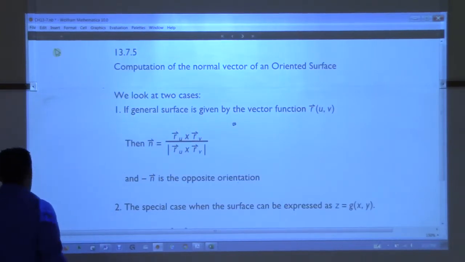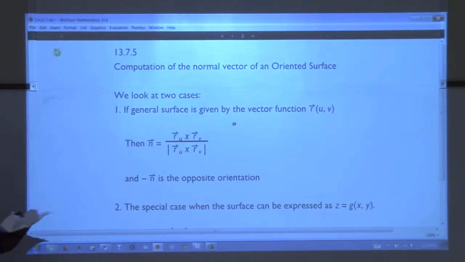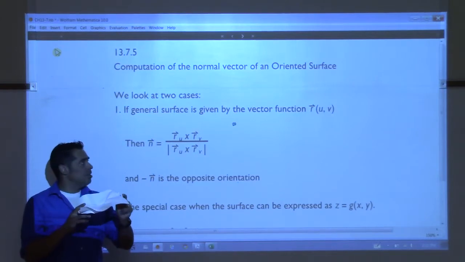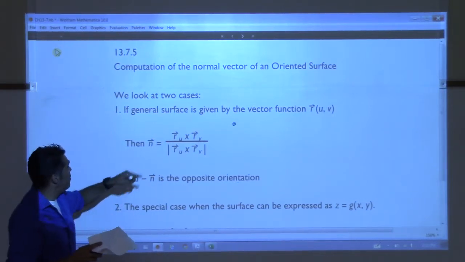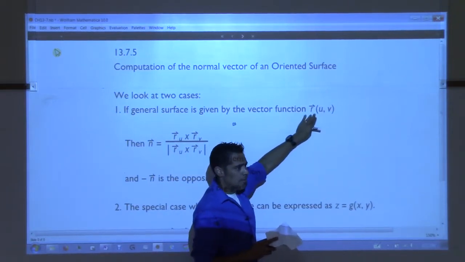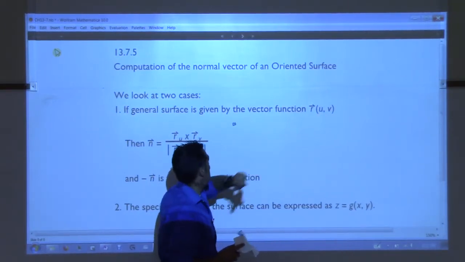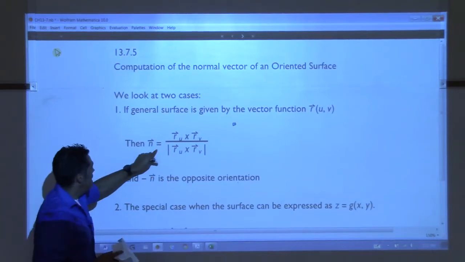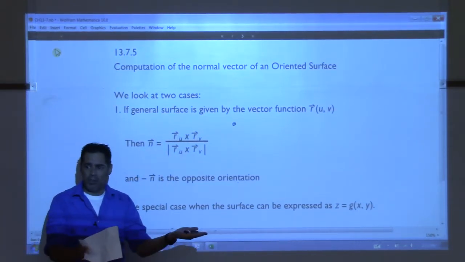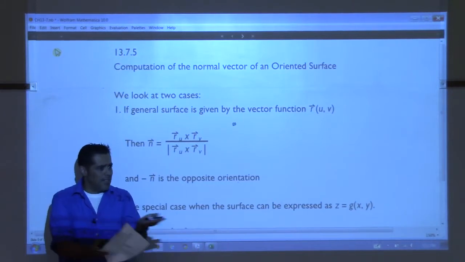Now, whenever we have a surface, if we wanted to actually compute the normal vector, then what we would need to do, and we've done this before, is we first have to be able to draw the surface, so we need some parametric representation of it. And then once we have that, we would take the partial of r with respect to u and then v, and then cross those. Those would give us our two tangent vectors.